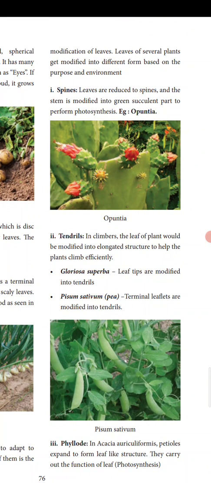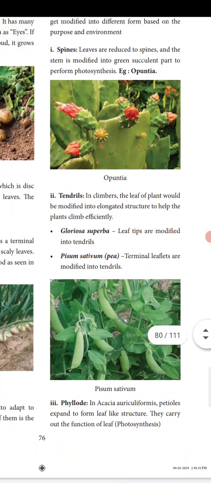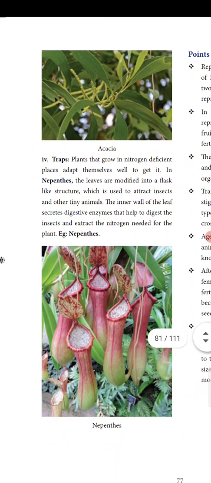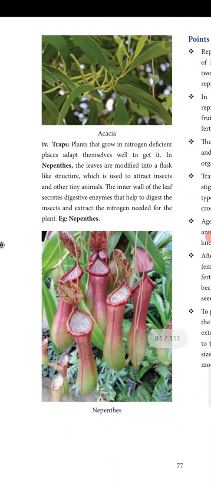Next, tendrils. The leaf of the climber is modified into an elongated structure to help the plant climb efficiently. Next, pitcher. Plants growing in nitrogen-deficient soil adapt themselves: the leaves are modified into a flask-like structure which is used to attract insects and other tiny animals.